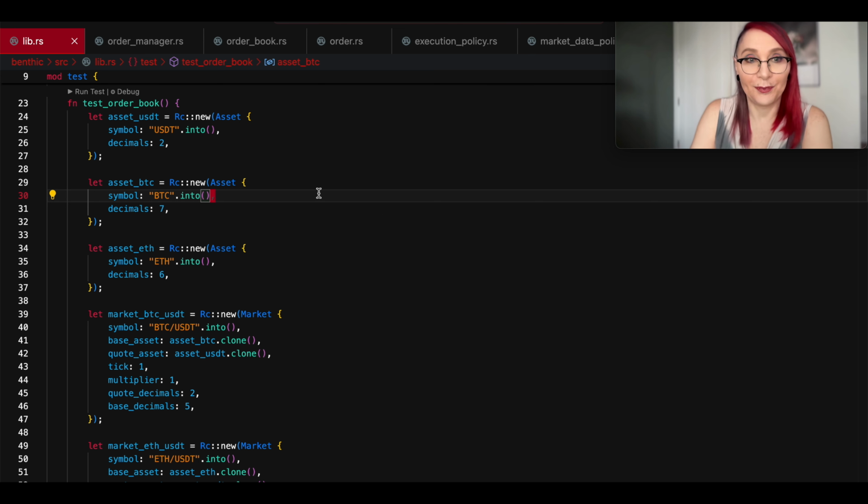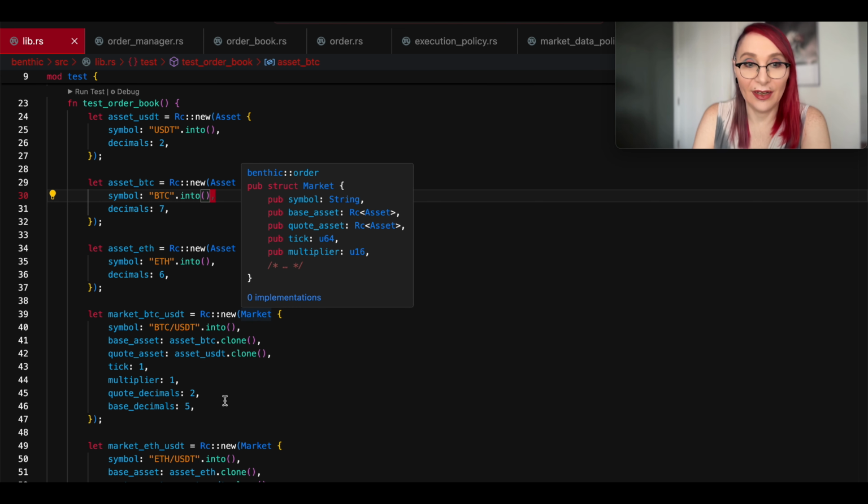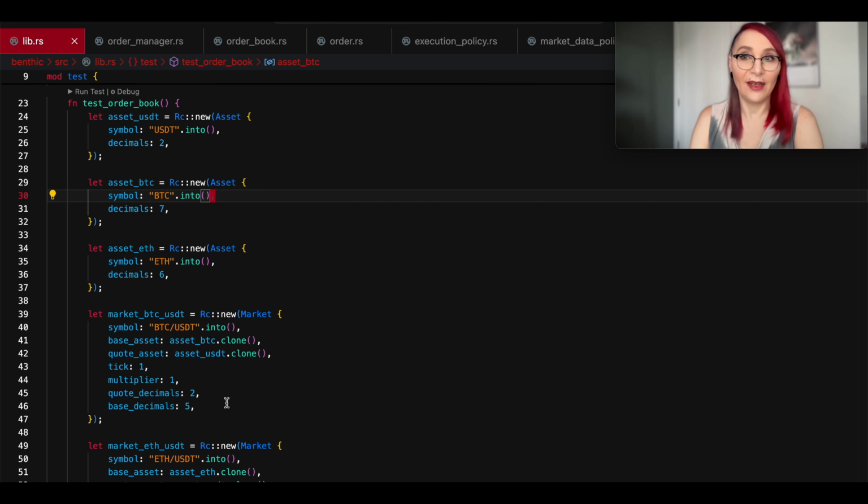So note that I have decimals for assets and I have decimals for markets. And the reason for it is that when you look at the asset in isolation, you may have more decimals, right? But if you trade an asset on a particular market, then the granularity of the updates on that market may be much lower, right?